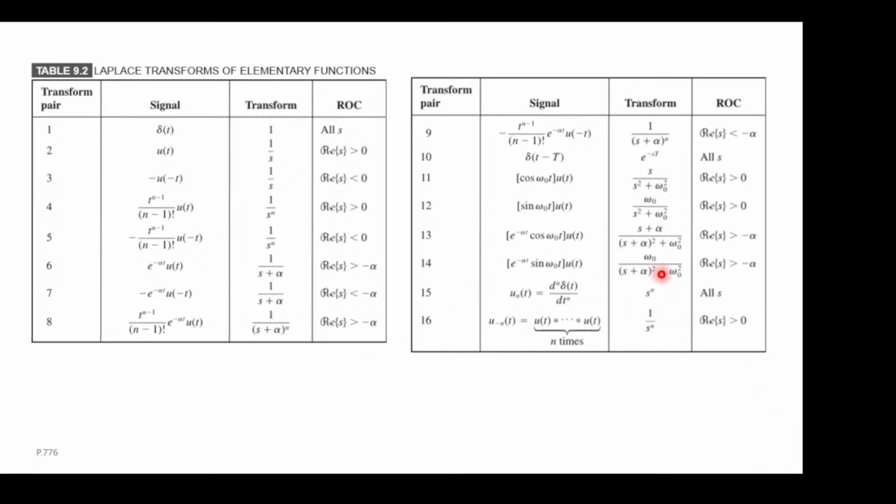Okay. Then finally we have those s to the nth power. So if you take a rational function, if the numerator has a higher degree than the denominator, then you get those remainder terms, and they inverse Laplace transform to very singular things. Then you get those singularity functions u of n.